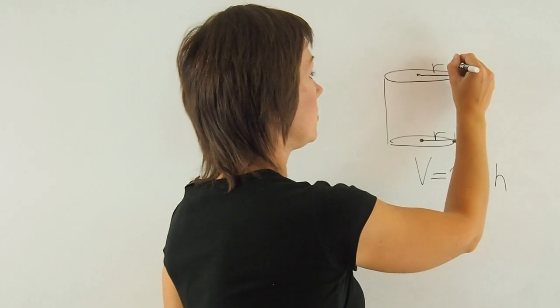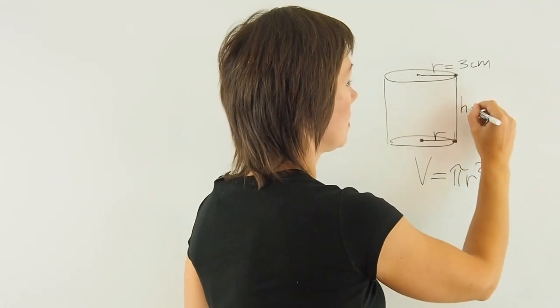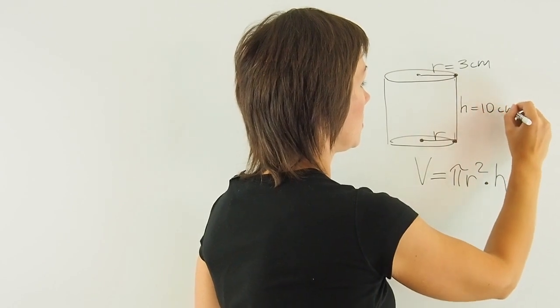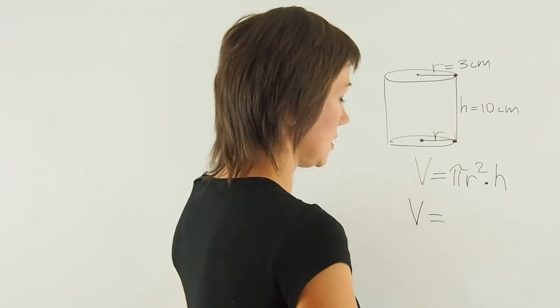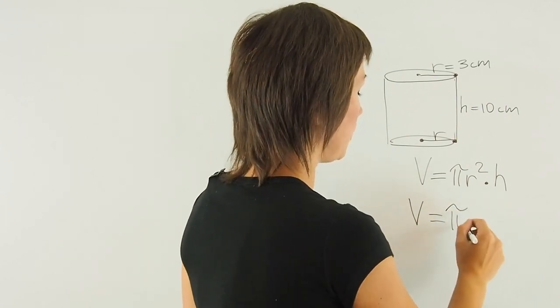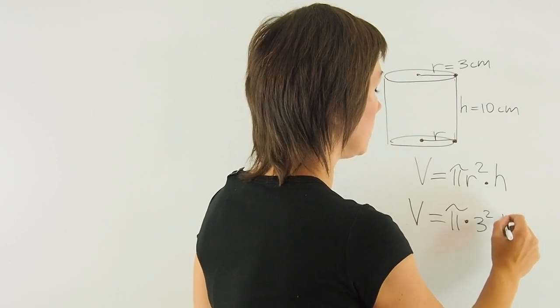So say if the radius of the given cylinder is 3 centimeters and the height is 10 centimeters, then in order for me to find the volume of this cylinder, I need to multiply pi by 3 squared and by 10.